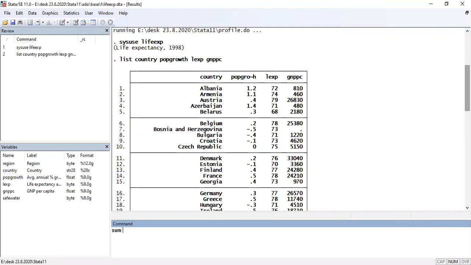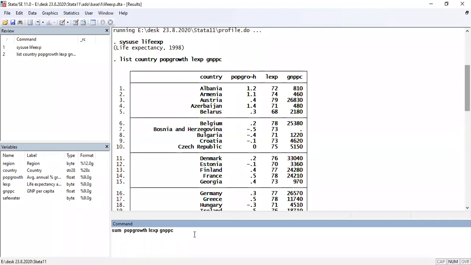You don't have to memorize. I'll share the commands with you. So when you say sum, it means they will give you the descriptive statistics. So let's say these three variables, you have values. I'll say pop growth, life expectancy, GNP per capita.